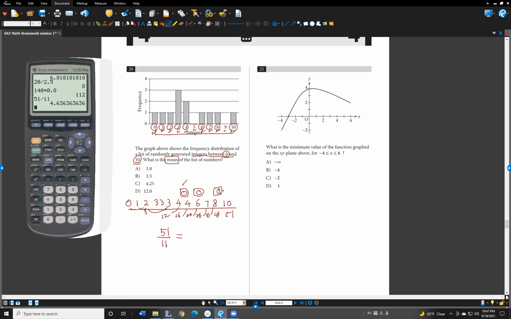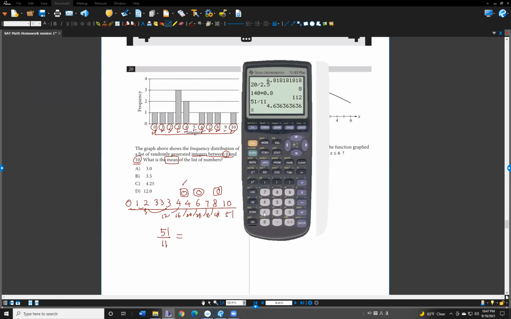Okay, I'll check. I'm going to use a calculator. 1 plus 2 plus 3 is what? 9 plus 4 plus 8 plus 6 plus 7 plus 8 plus 10. How much? Oh, 51, right?